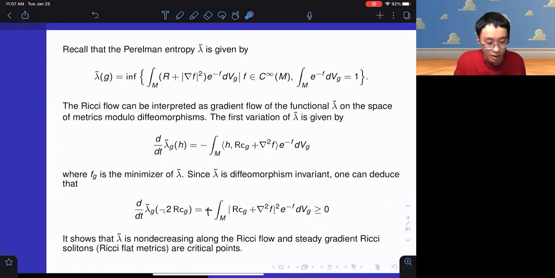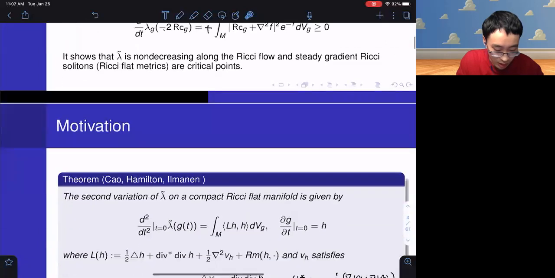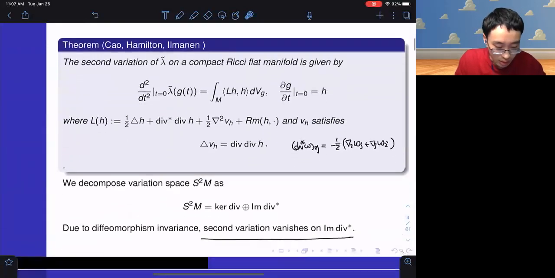So this is what Perelman did, and moreover, we can compute the second variation formula. This is the result from Cao, Hamilton and Ilmanen. They computed the second variation of lambda tilde at the critical point, which is a compact Ricci soliton, or Ricci flat manifold, and it is given by the operator L. This operator L is half of the Laplacian plus divergence star divergence h, plus half of Hessian v_h, plus the cross term about the Riemann curvature.